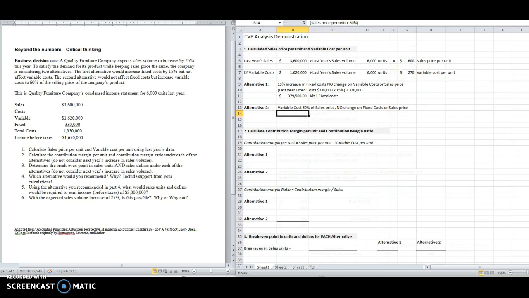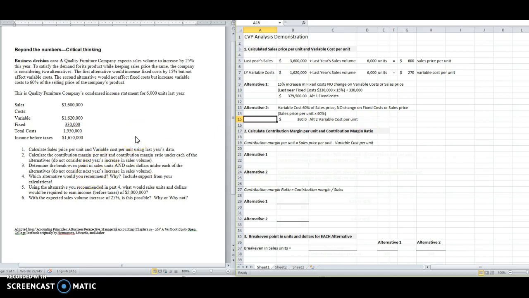So we need the sales price per unit times 60%. Sales price per unit is $600. At 60%, that's going to give me $360. So my alternative 2 is going to have a variable cost per unit of $360.